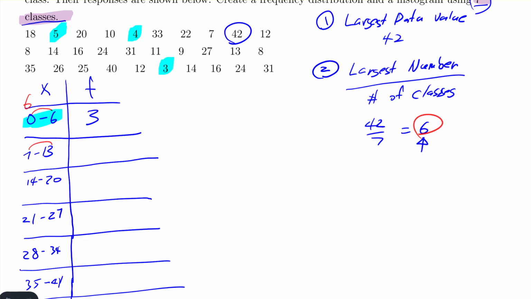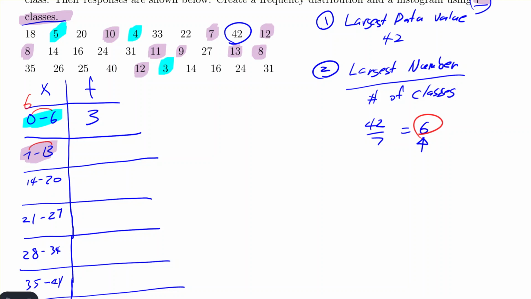Then we count between 7 and 13: 8, 10, 12, 11, 9, 7, 13, 8, 12, including 13.